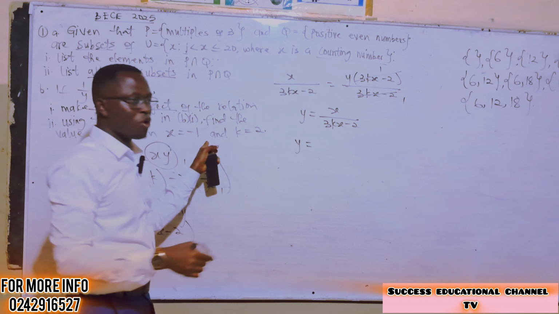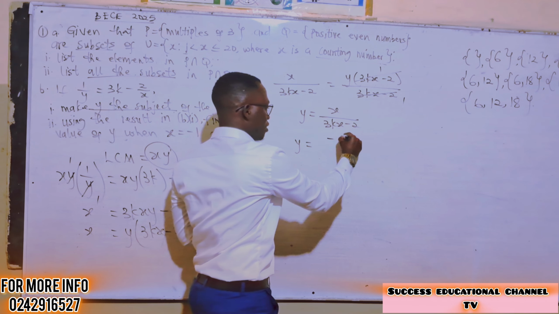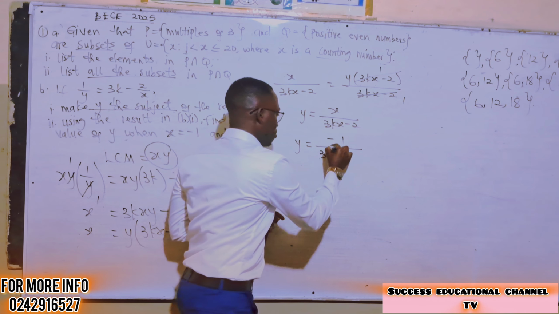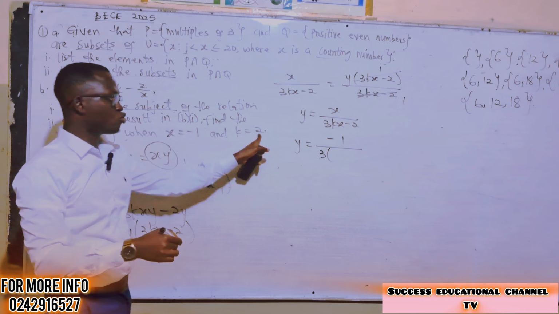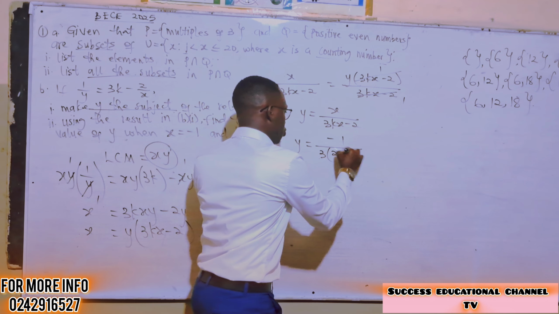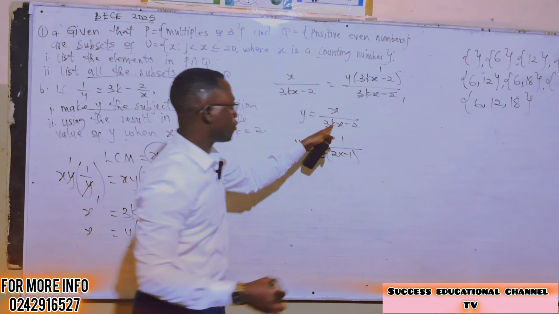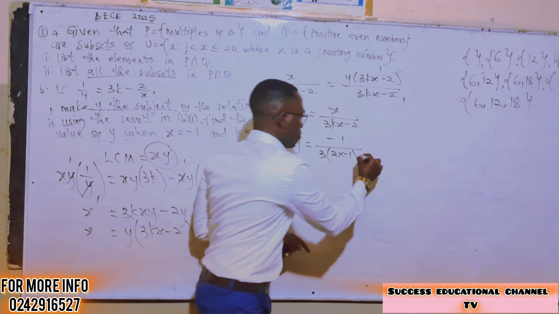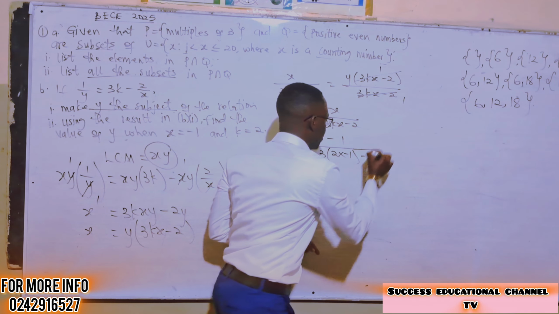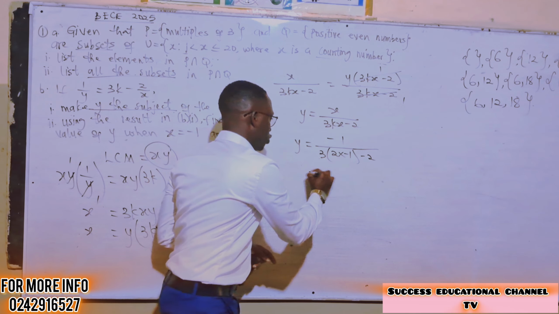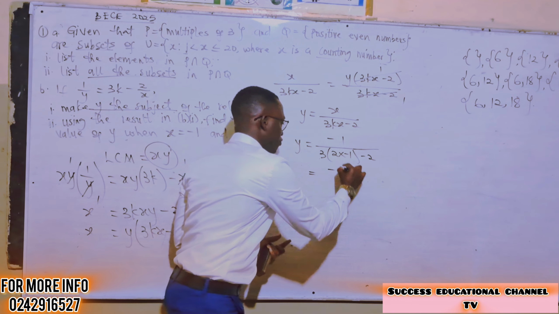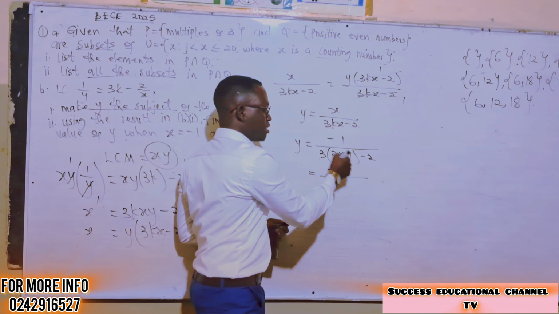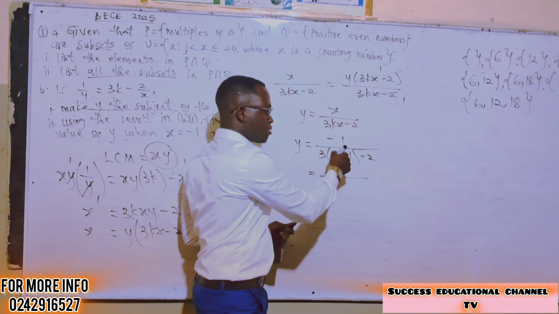So doing our substitution, y is now equal to x, which is -1. Wherever you see x, you put -1 there, over 3 multiplying k, which is 2, minus 2. Following, we have -1 all over 3 multiplying the expression in this bracket.